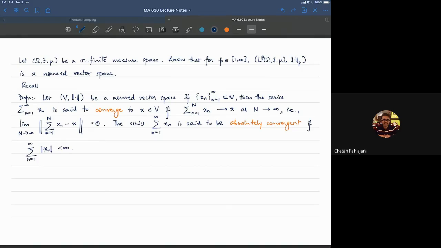Of course, if a series is absolutely convergent, I may also say the series converges absolutely. It's the same difference. This whole thing is something you have learned before. So this was just recalling a few things that you've learned.